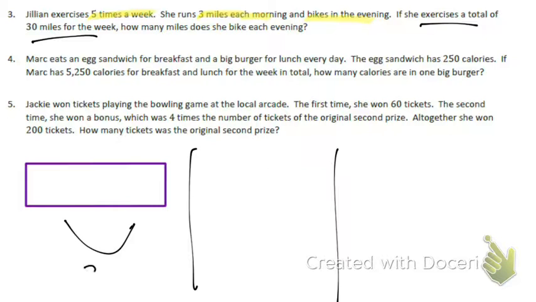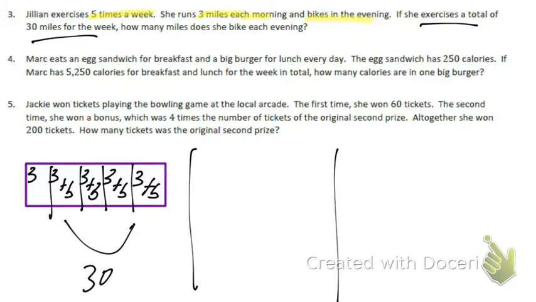So here we're going to put 30, that's the total, right? She exercises 5 days out of the week, right? So 1 box for each day. What she does each day is she runs 3 miles in the morning, so we put 3 in each of them. But she also bikes in the evening, right? So we put plus B for each of those.